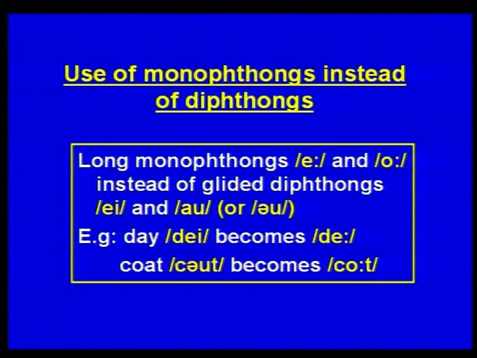Coats becomes coat. Well, friends, this brings us to the end of the lesson, and I have a few suggestions to help us learn to speak English better. You can use tools like talking dictionaries, which are available in the market today, Cambridge Advanced Learners Dictionary or Oxford Talking Dictionary. It's fairly simple.